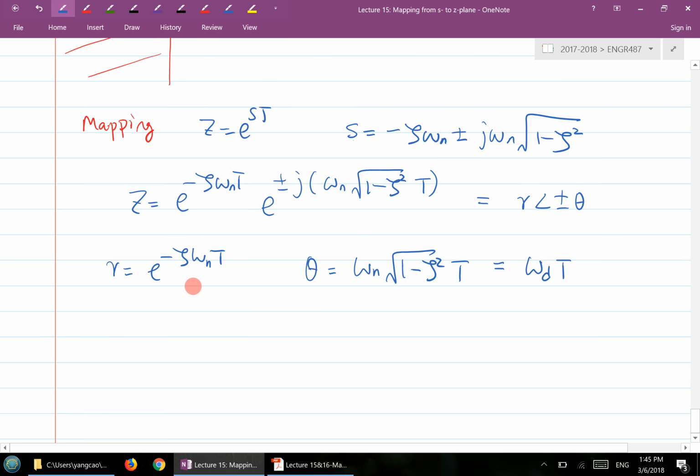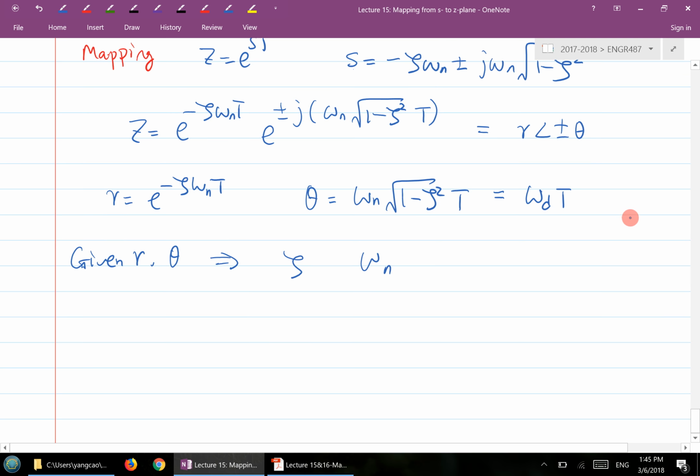So at the end of the day, what you're going to look at is, given r and theta, we try to calculate what the zeta is and what the omega_n is, corresponding to the time. So here you have r, you have a theta.